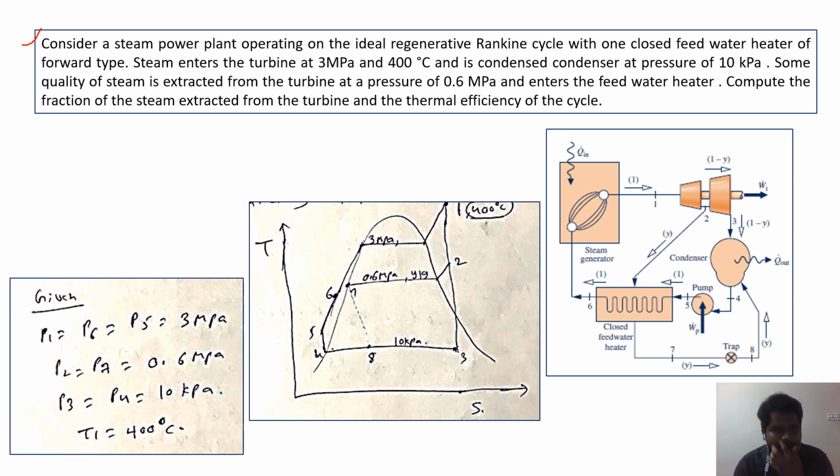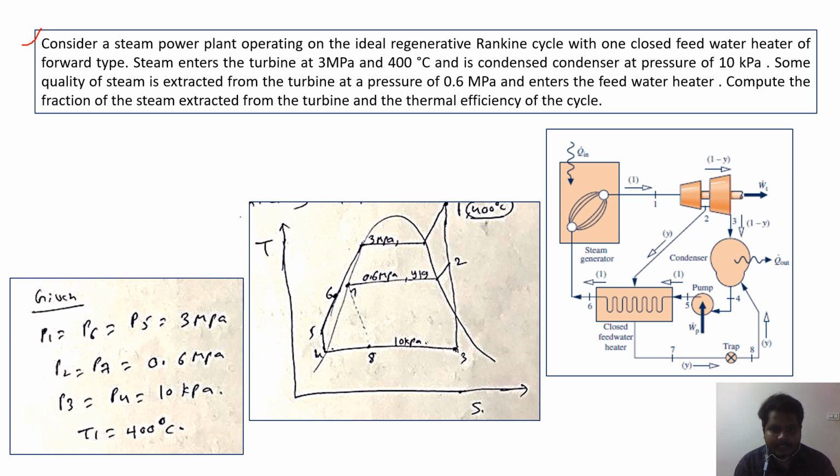Some quantity of steam is extracted from the turbine at a pressure of 0.6 megapascal and enters the feed water heater. Compute the fraction of steam extracted from the turbine and the thermal efficiency of the cycle.